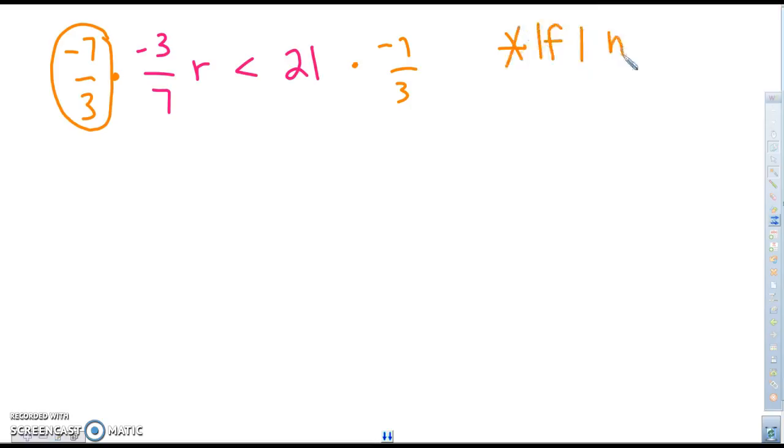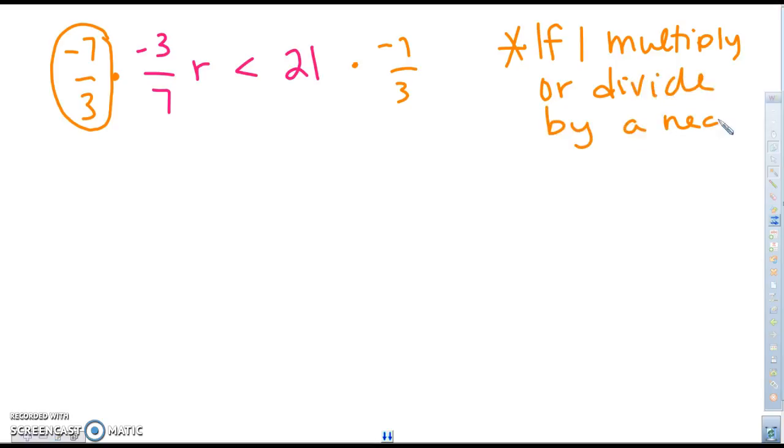If I multiply or divide by a negative, so what I'm using to cancel things out, whether it's a multiplication or a division problem, if that is negative, the inequality sign flips.